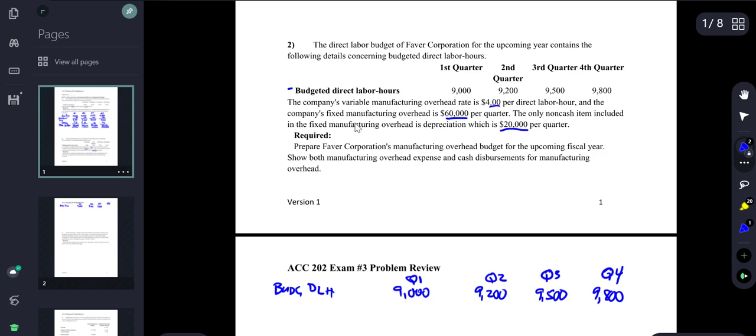We're going to multiply these by the variable overhead rate that we have. So we have a variable overhead rate of $4 per direct labor hour. So here we're going to have $4 times 9,000. We get $36,000, and that's variable overhead.